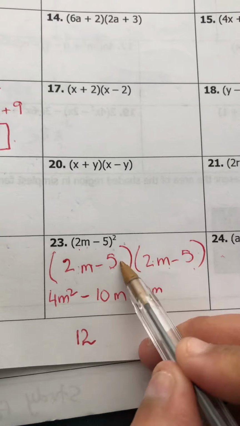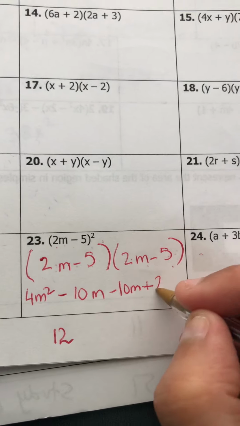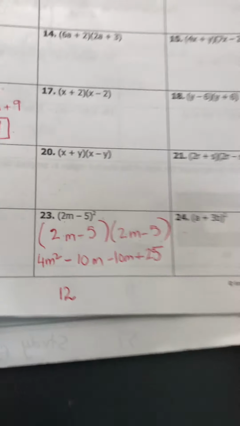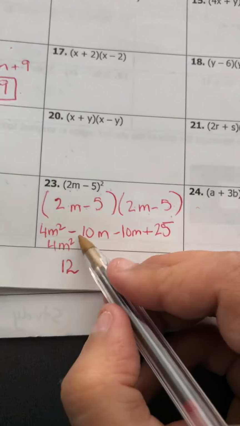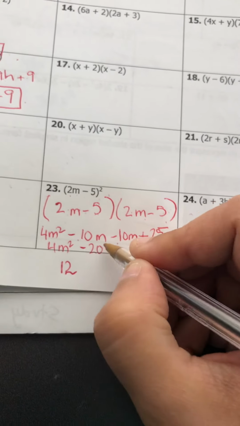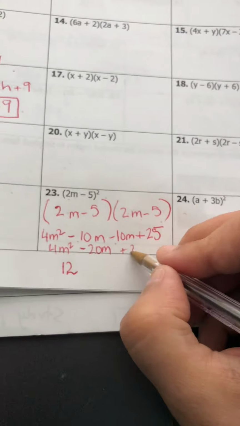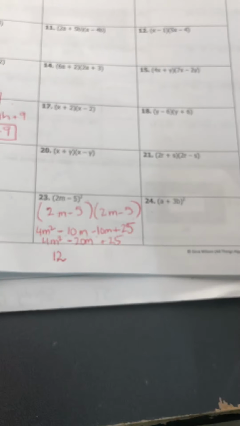Last, negative 5 times negative 5 is positive 25. Combine the like terms. It gives me 4m squared, negative 10m and negative 10m gives me negative 20m, plus 25. This is my final answer.